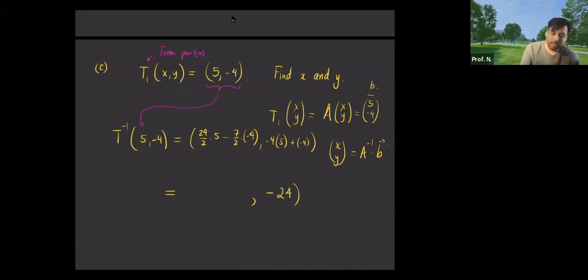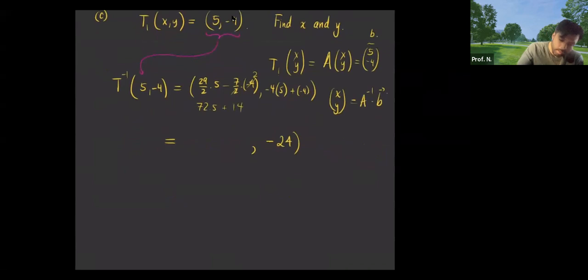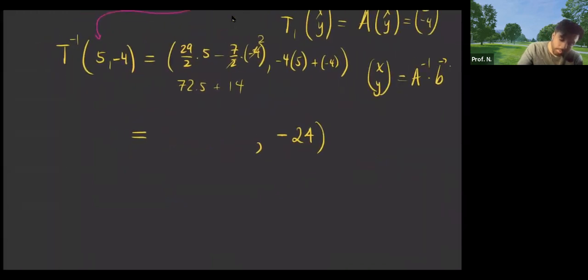And then you've got 29 times 5 divided by 2, which is 72.5. And then this will be a plus. The 2 goes into 4 twice, so you get plus 14. And so you get a total of 86.5.